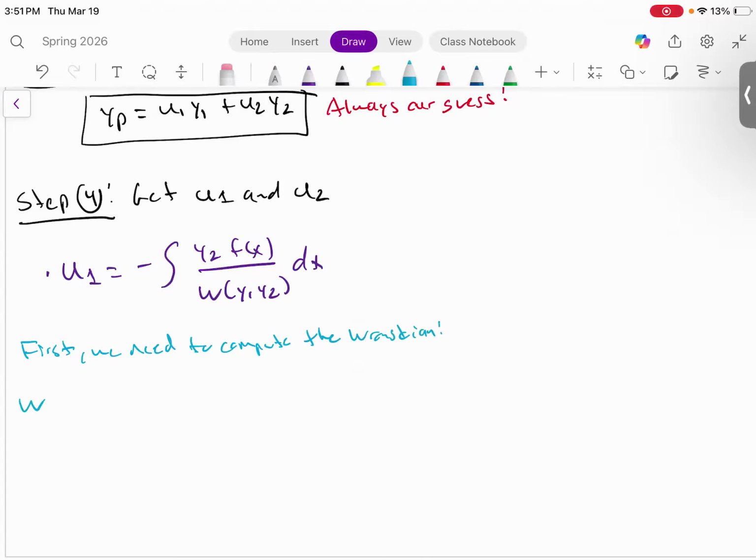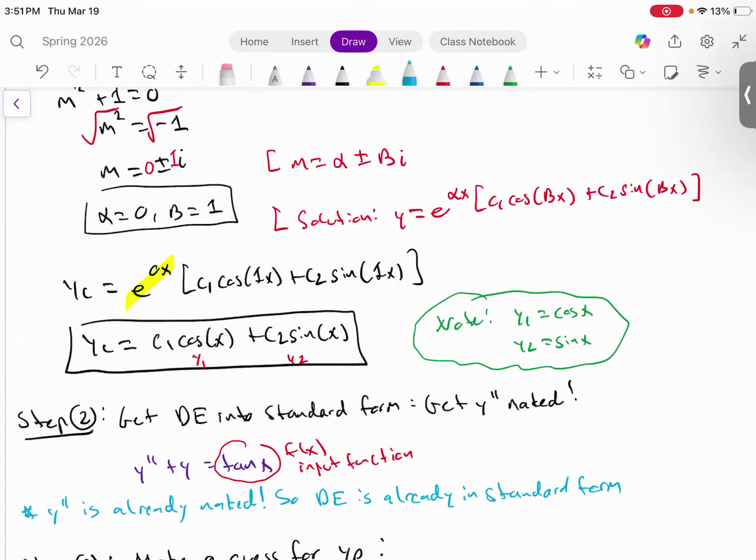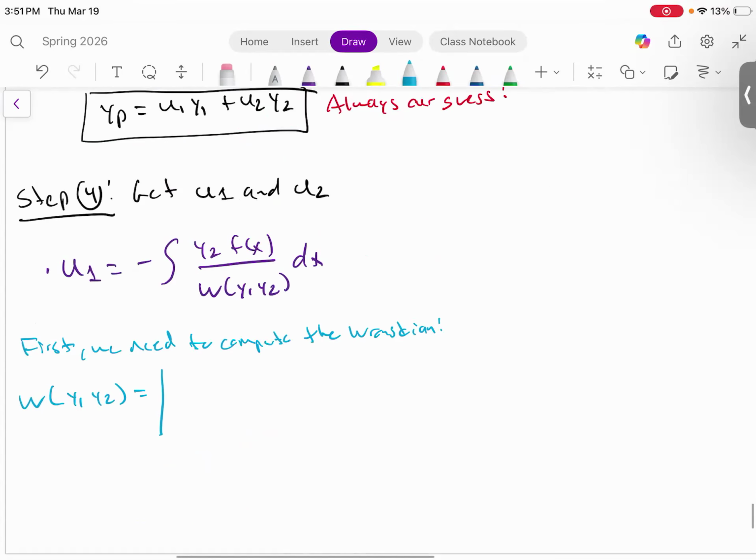Okay, so the Wronskian of y1 and y2 equals the determinant of y1 and y2. So the cosine and sine. So this would be cosine x, sine x, and this would be negative sine x, its derivative, and cosine x.